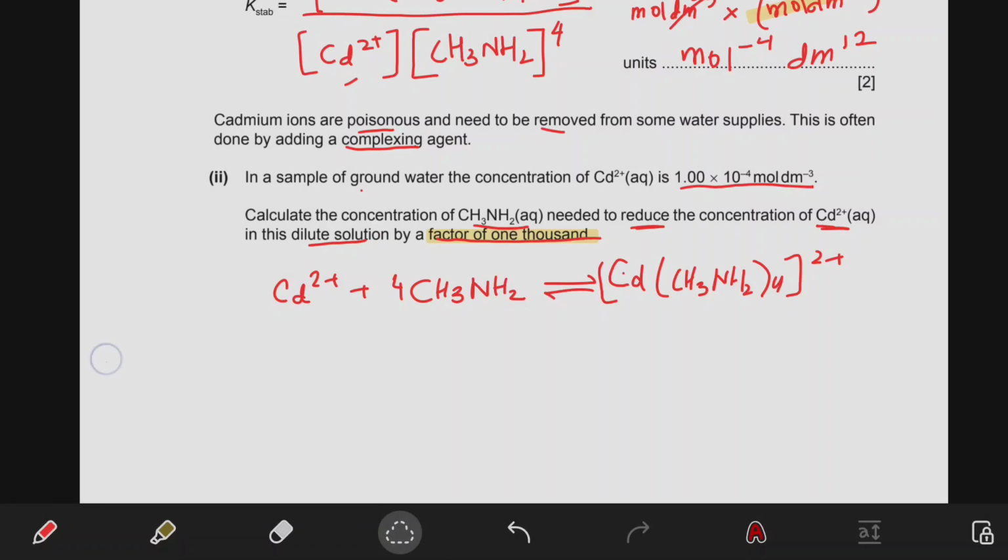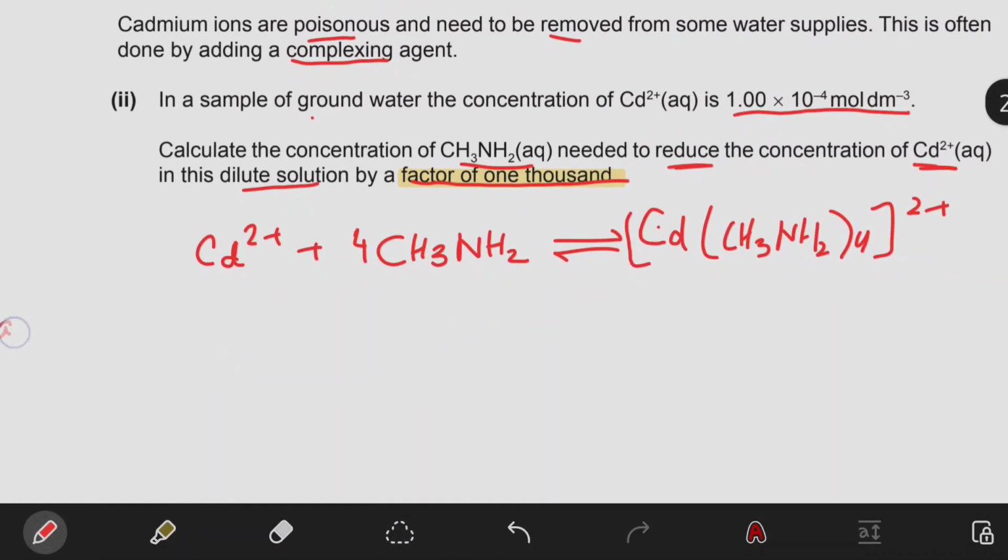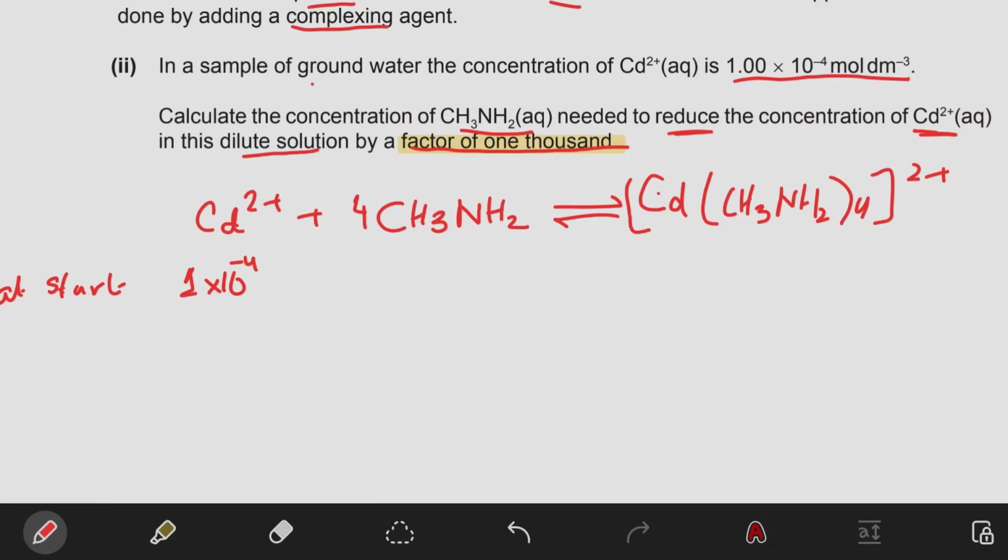So at start cadmium ions concentration is 1 to the power minus 4, right? And this is obviously not known for now, so let me just write it as x, and then this is obviously 0 because it is the start of the reaction, so none of this complex has been formed.